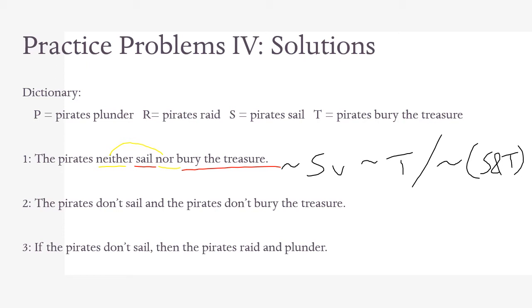So let's go ahead and do the next one. Sail, and buried treasure. So we've got another S and T. We have another don't, and we have an and. So we have a don't, we have an and, we have another tilde there.